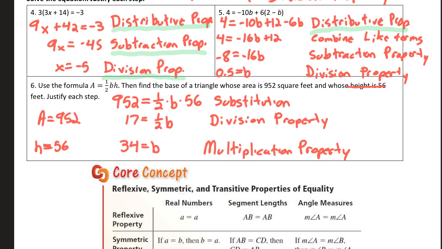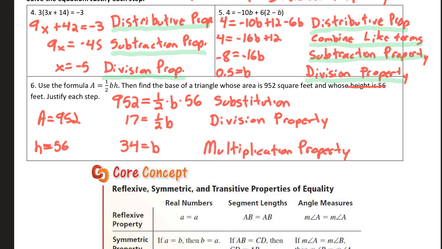I combined -10 and -6. That's just combining like terms. So that's not a property I listed, but combining like terms is the process I used to do that, right? And then I used the subtraction property to subtract 12 from both sides, and then I divided both sides by 16 using the division property.